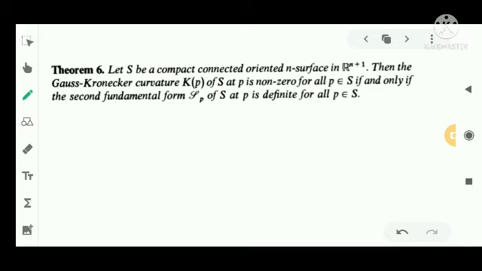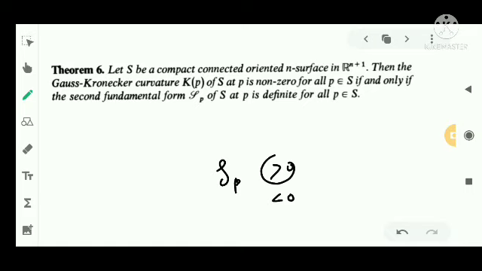It's an n-surface in R^(n+1), and we have a necessary and sufficient condition for the Gauss-Kronecker curvature to become non-zero. The Gauss-Kronecker curvature of S at P is non-zero if and only if the second fundamental form is definite. Definite means either it is positive definite or it is negative definite, or greater than 0 or less than 0.